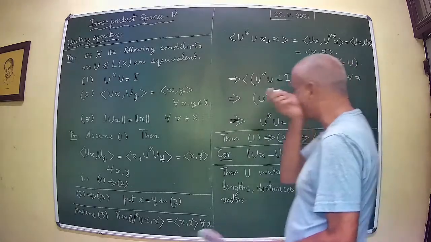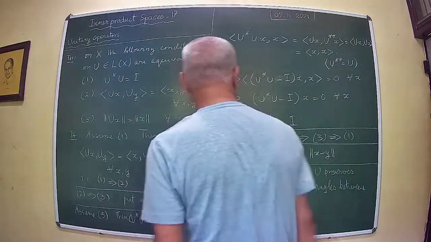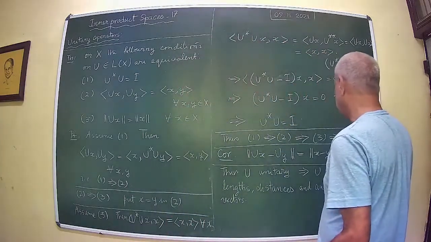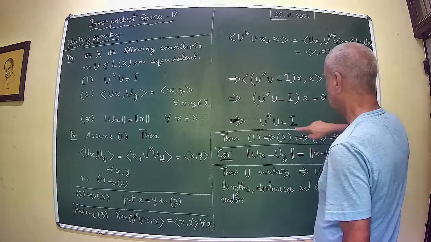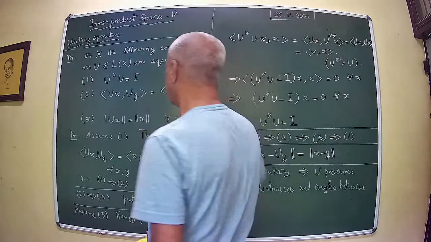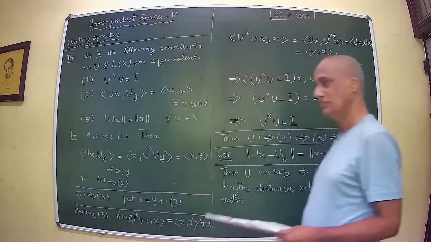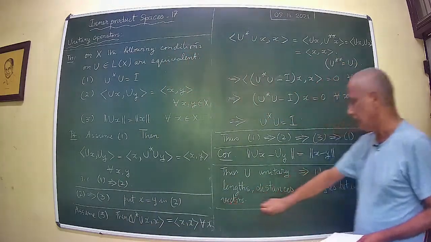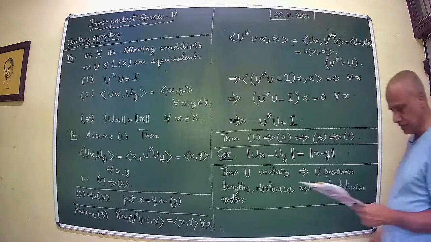This is length preserving, this is distance preserving, and this is angle preserving. These three properties are there. That is the important thing about unitary operators.